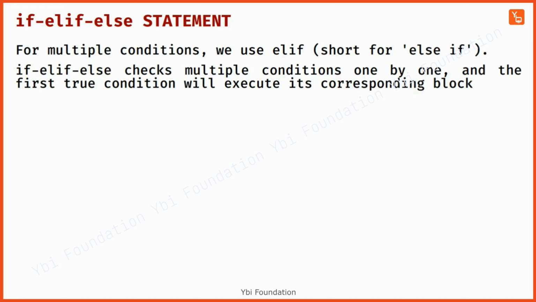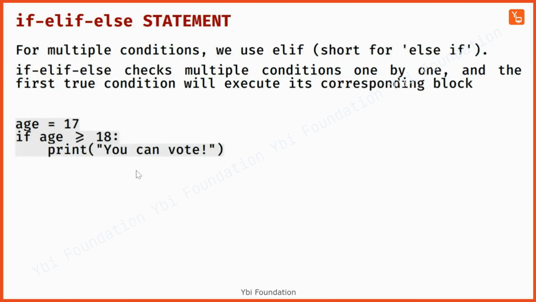Again, understand this with an example. The age is 17. If age is greater than 18 colon, print you can vote. We know that this is not true. So if we leave only the if statement, we will not get any output. Now add another condition, since we want multiple conditions.